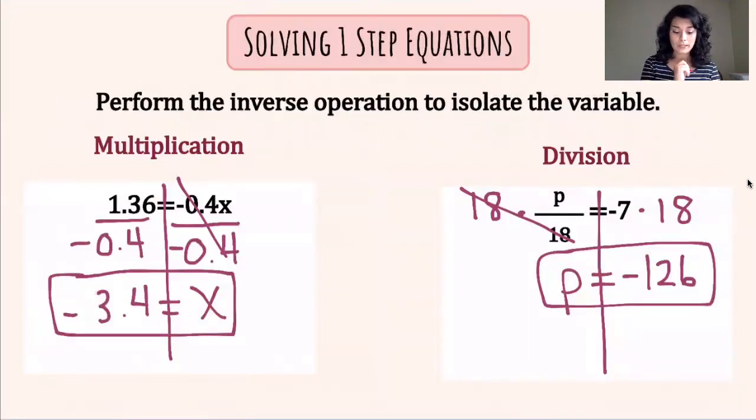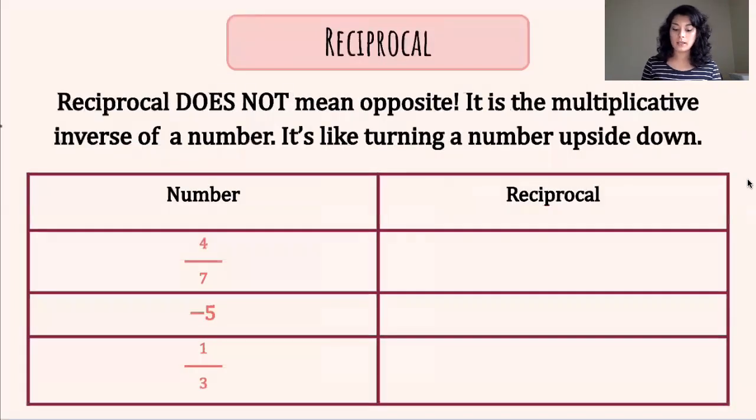So this negative 0.4 canceled out with this negative 0.4 because the operations that we were using were inverses. So they canceled. Same idea here. If I find the reciprocal or a multiplicative inverse of a number and I multiply those 2 numbers together, they should cancel out.